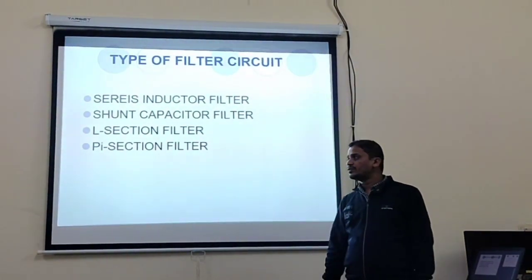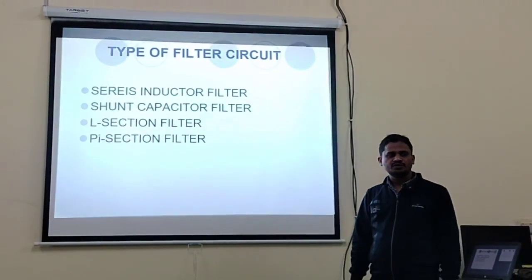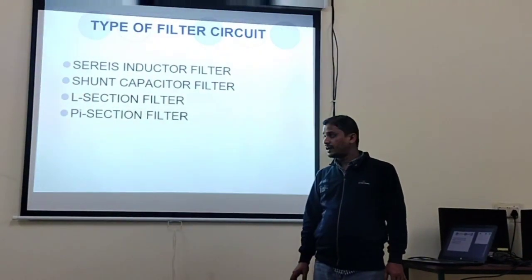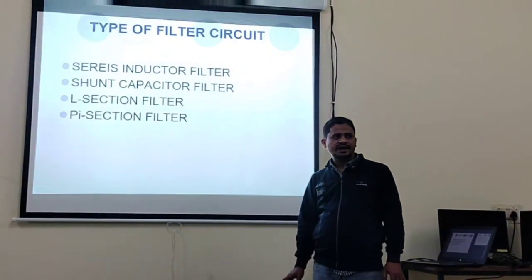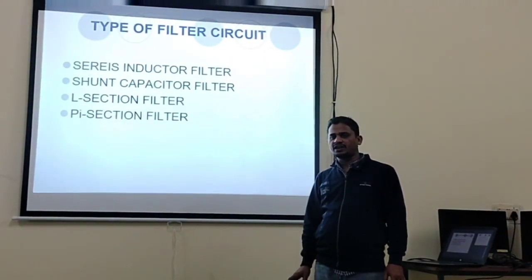What is the function of the coil? The function of the coil is that it removes the AC component and allows the DC component, and the function of the capacitor is that it removes the DC ripple and allows the AC signal.